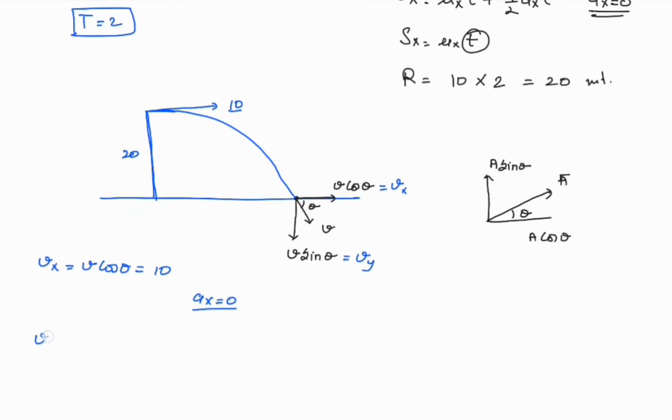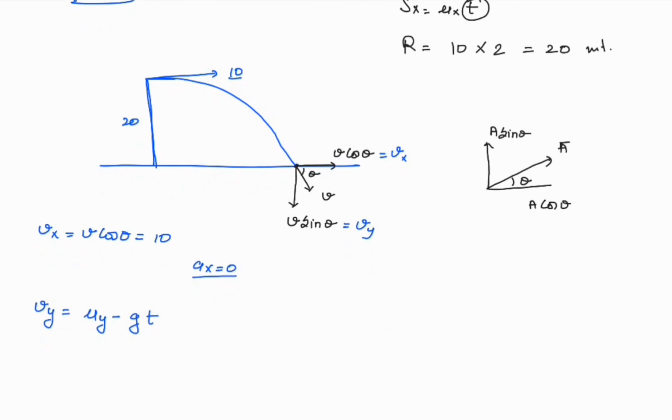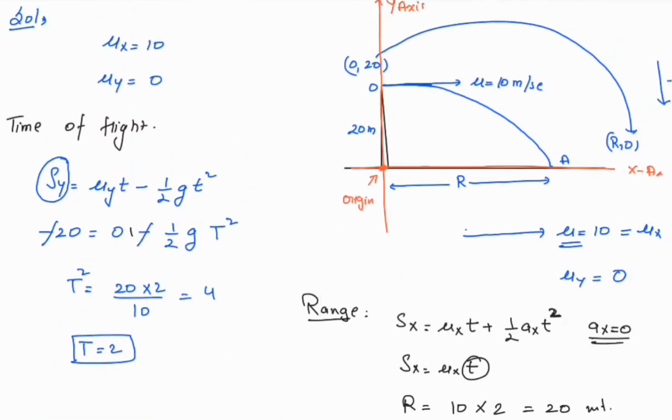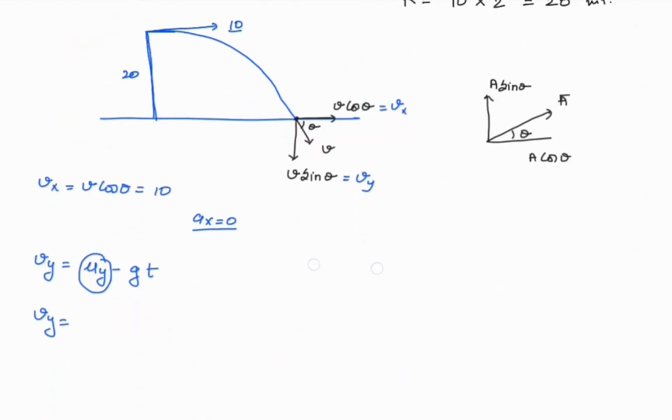Now we will calculate v of y, the vertical final velocity, which will be equal to u of y minus g t. I am using the first equation of the vertical motion. v of y will be equal to how much? u of y is 0 in this case, minus g, which is 10, times the time to reach the point B from this point.